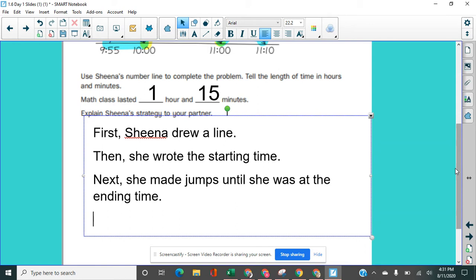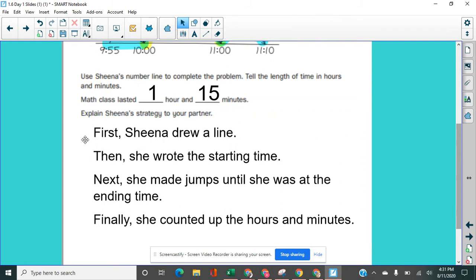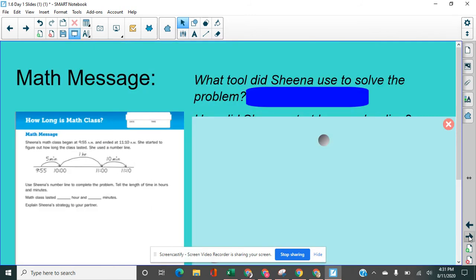So finally, she counted up the hours and minutes. Right? So you can see that this is a longer answer. When we're asked to explain a strategy, we're going to say first and next and then, and you could use other words like last and second, and words that help us to keep the order of the things that she did. So now I told you I'd talk about the jumps, so let's do that.